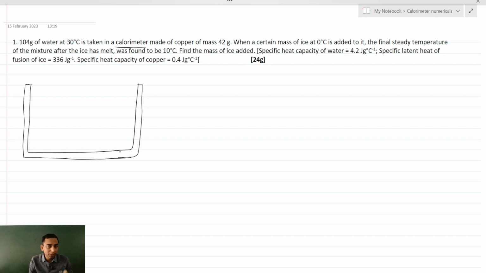Our aim is to study the heat transfer between the mixtures, the constituents inside the calorimeter. So we would be wanting that the calorimeter should not take up a larger amount of heat energy from the mixture itself, right? Okay, so this is the calorimeter vessel, and here we have 104 grams of water.